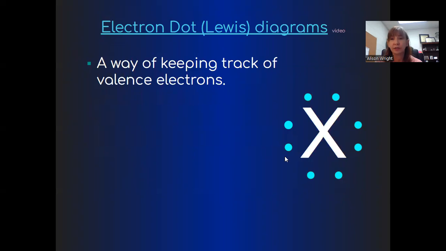This X isn't really a chemical symbol, but it is the variable for whatever element you have there. We put the valence electrons as dots in pairs on each side. You can have a pair on top, a pair on the side, a pair on the bottom, and a pair on the other side, up to 8, which makes sense. That's the maximum number of valence electrons that an element can have.